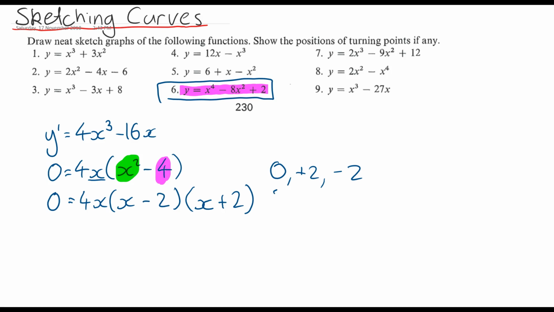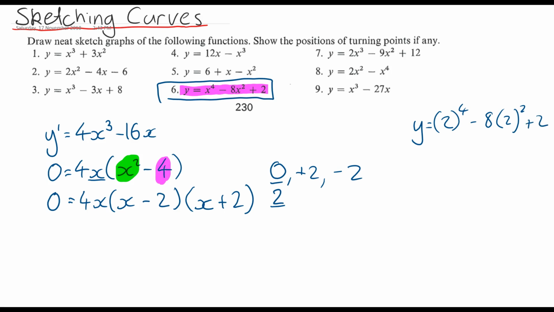So I know it's got a turning point of 0, 2. If you sub 2 into that equation, you get y equals 2 to the 4 minus 8 times 2 squared plus 2.